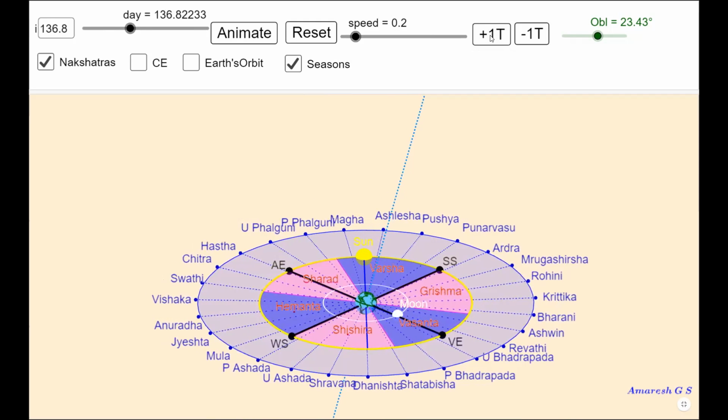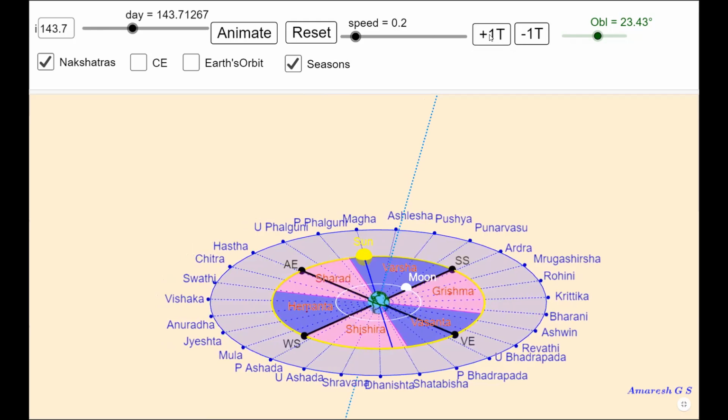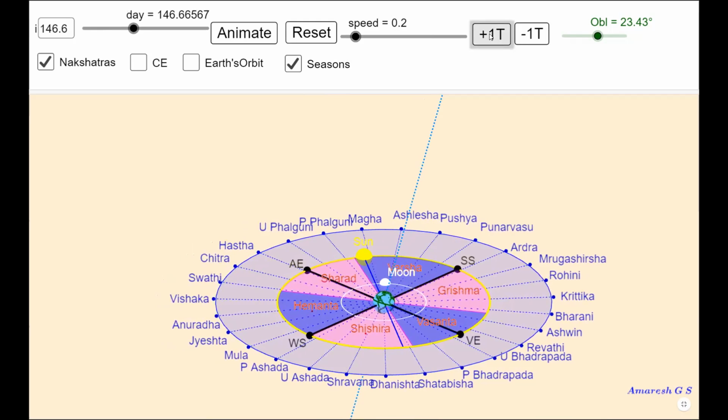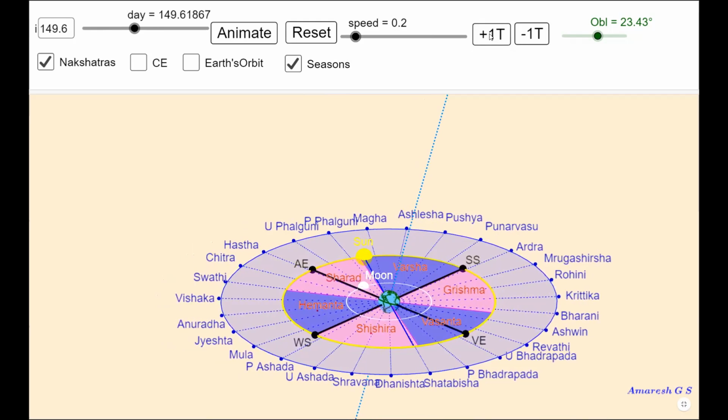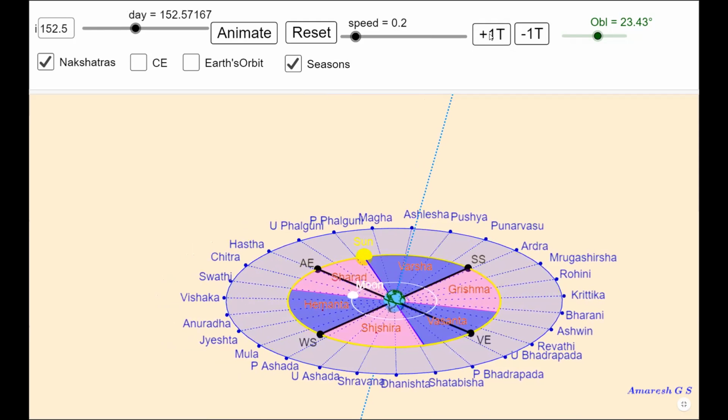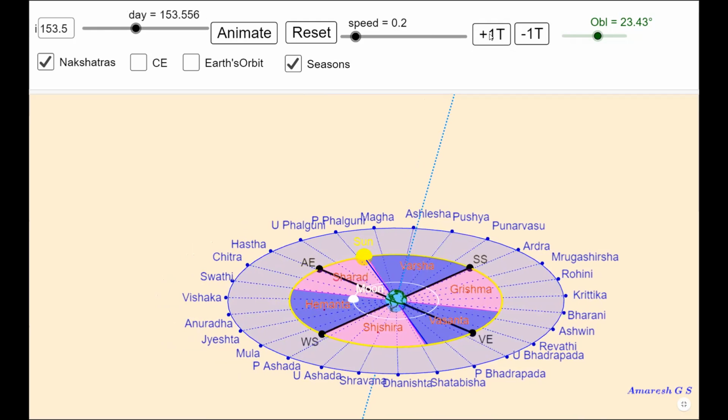And when the Nabhasya ends, that is the end of Varsha Rutu and Sharad Rutu begins. The first month of Sharad Rutu is called Isha.